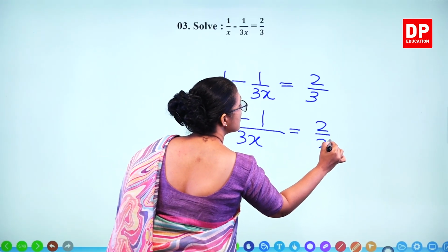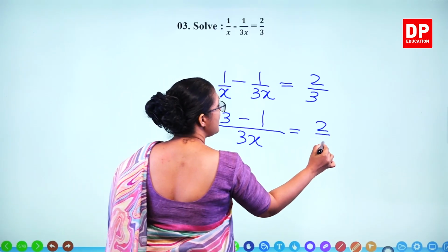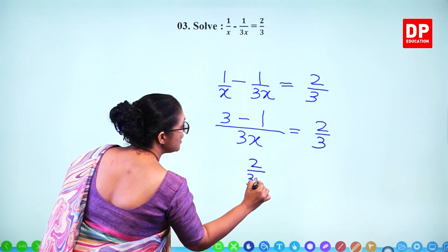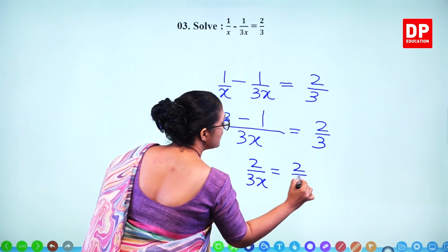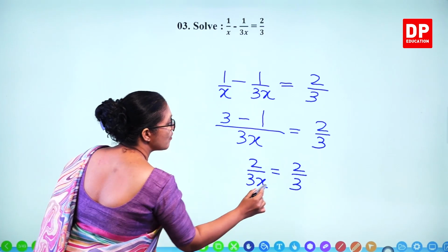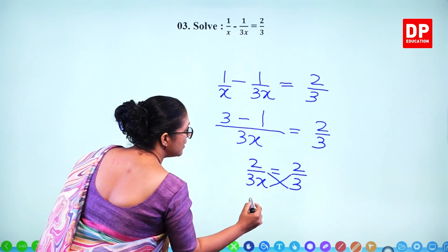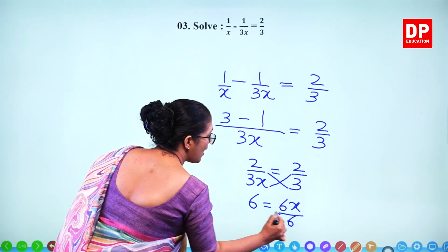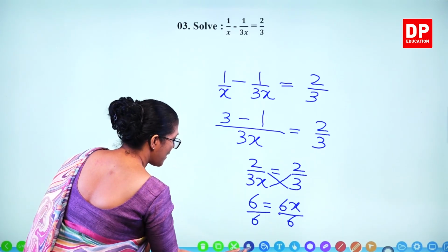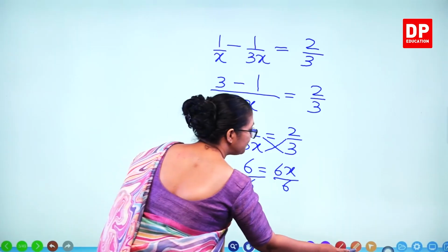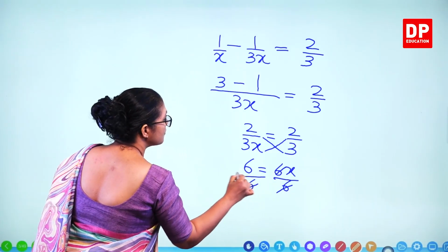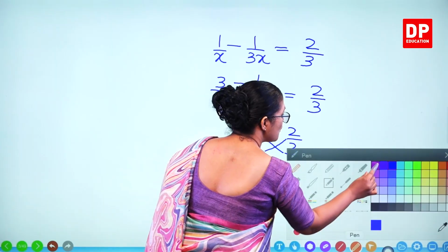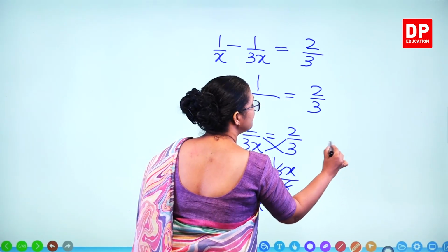So, you get 2 over 3, since 3 minus 1 is 2. 2 over 3x equals 2 over 3. Then you can cross multiply and say 6 equals 6x. Divide by 6. x equals 1. So, you get 2 marks there.